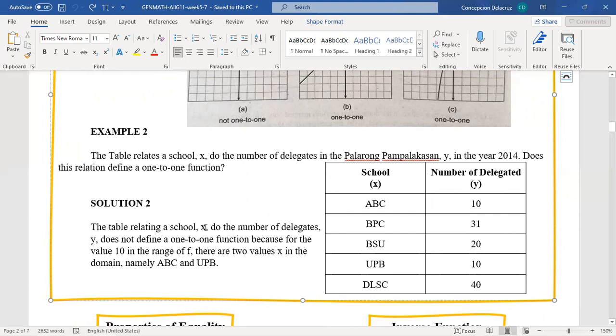So the solution: the table relating a school X, the school denoted as X, to the number of delegates Y does not define a one-to-one function. It is not one-to-one because the value 10 in the range, always remember, Y is the range of f, has two values of X. The value 10 belongs to both ABC and UPB.